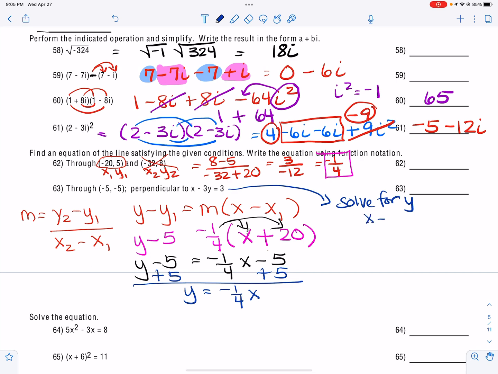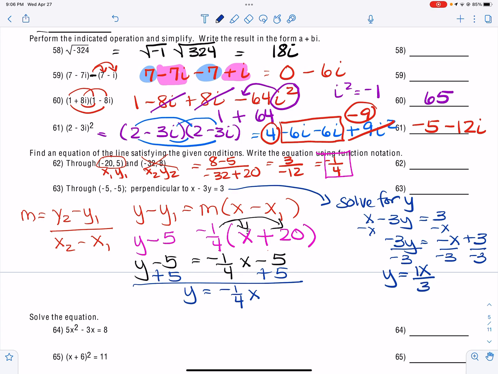So if I have x minus 3y is equal to 3, I'm going to subtract x, so negative 3y is equal to negative x plus 3, and then I'm going to divide by negative 3, and so I get y equals positive x over 3, which is 1/3, same as 1/3 x, and then minus 1. And so really why I did that is because I want to know the slope, which is 1/3.